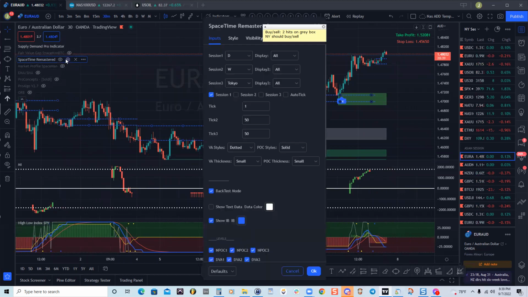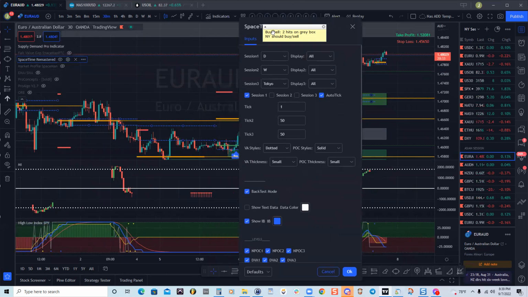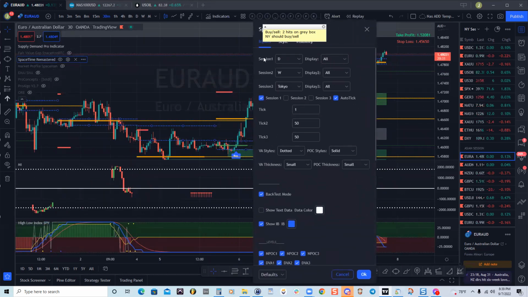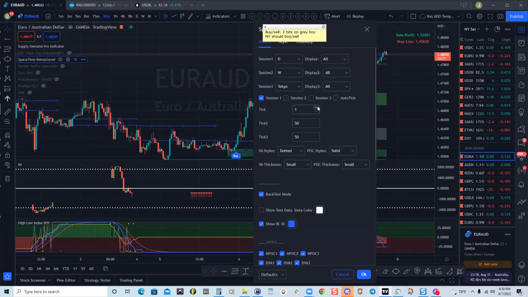Each ticker is different. I'll make it 5. Let's see. It's not even showing up. Yeah, so some of them work, some of them don't. I guess you gotta play around with it. 0.35. Yeah, it's not even showing up.